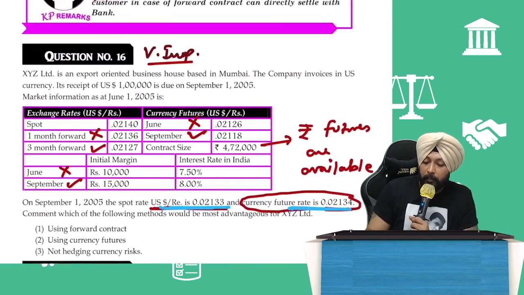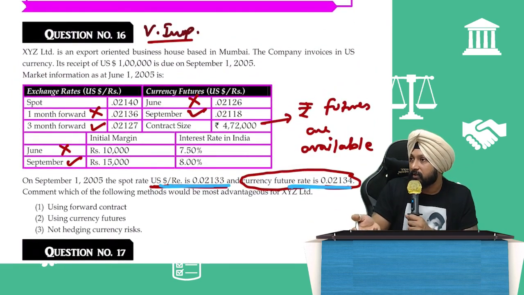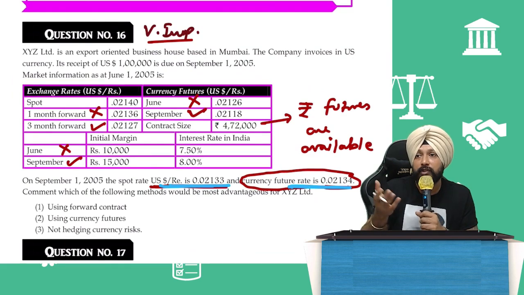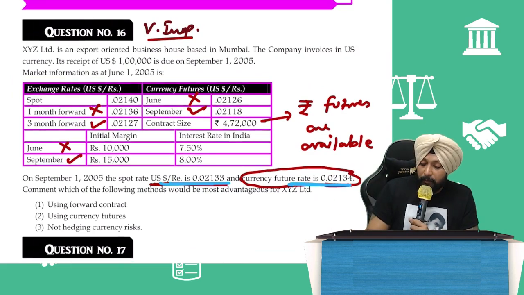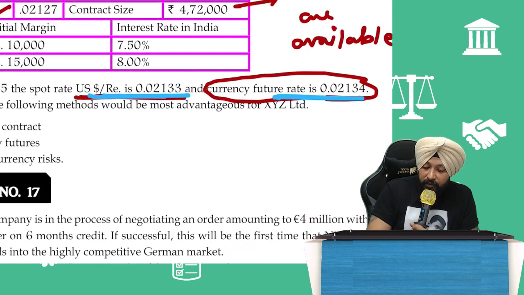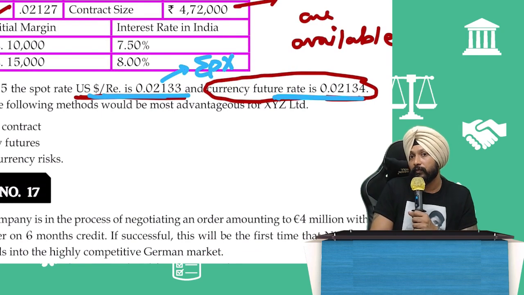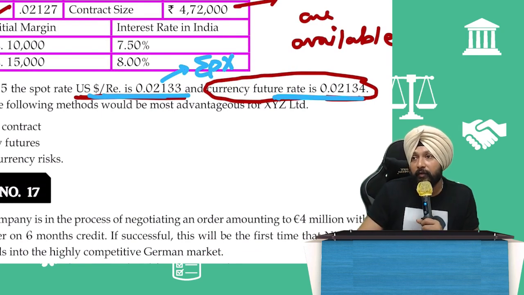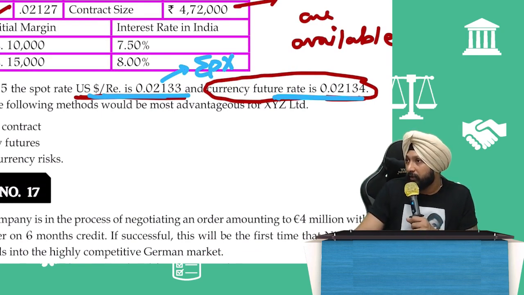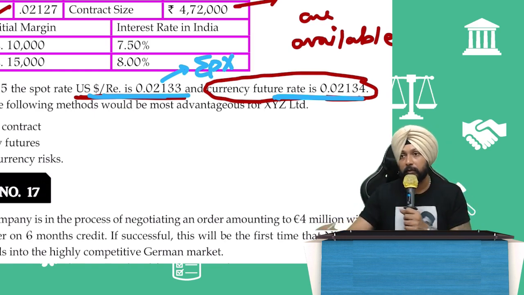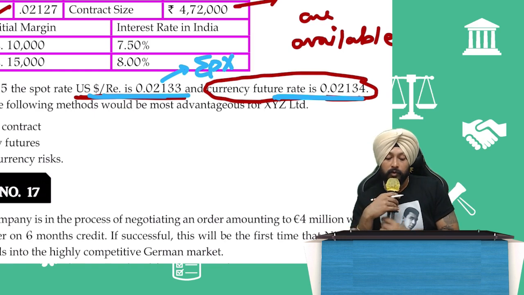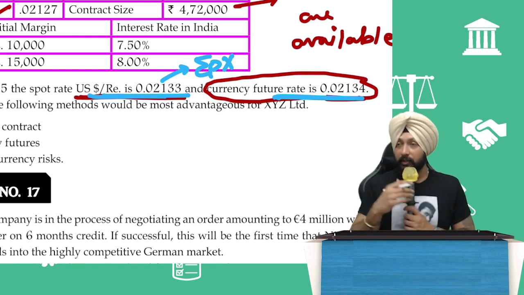If you were standing on September maturity, then there would be no forward analysis. Here they are asking which strategy is better for the company. These rates are an estimation. We don't know what rate we will settle the spot market transaction and the futures at. So for currency futures, the inflow is uncertain.